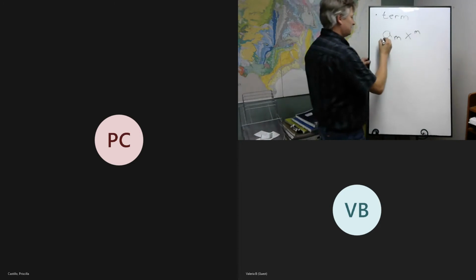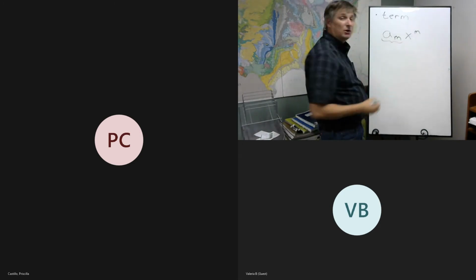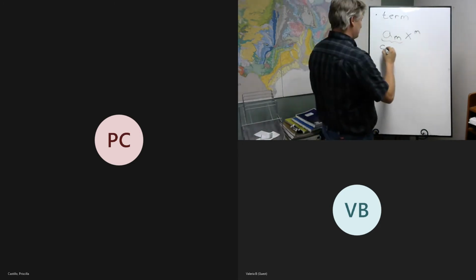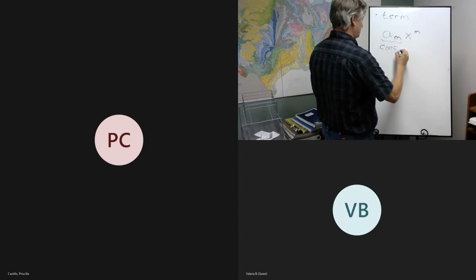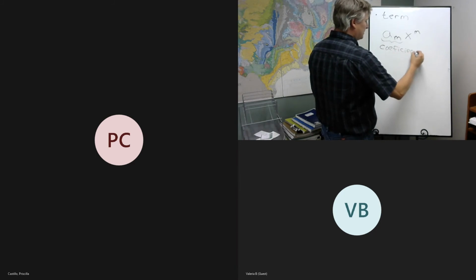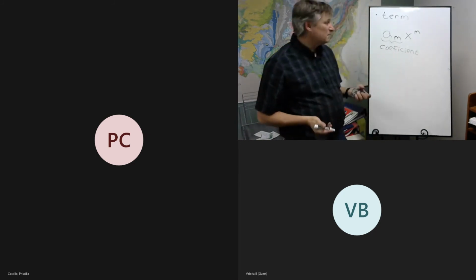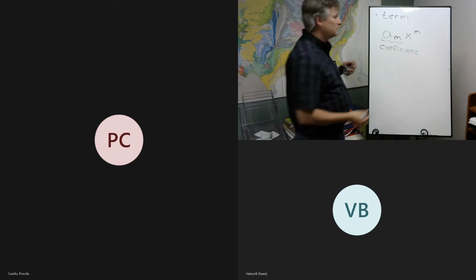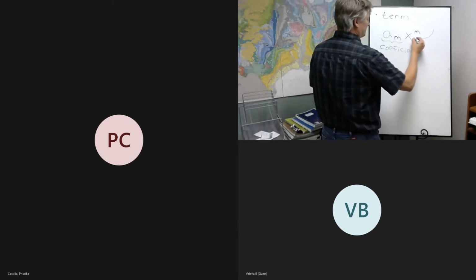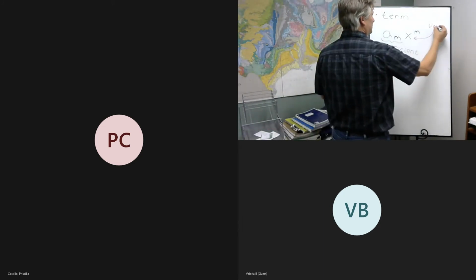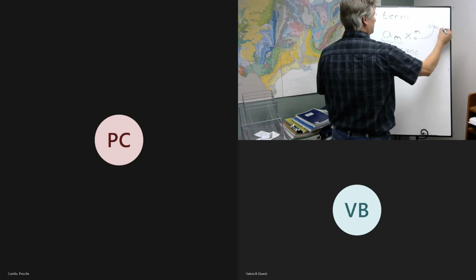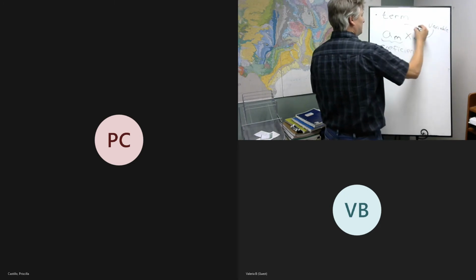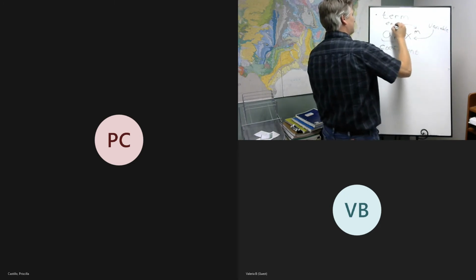So this here is what's called the coefficient. And you've probably seen this before, but I'm just going to mention it. That's your coefficient. This is your variable. And then we've seen this before, the exponent.